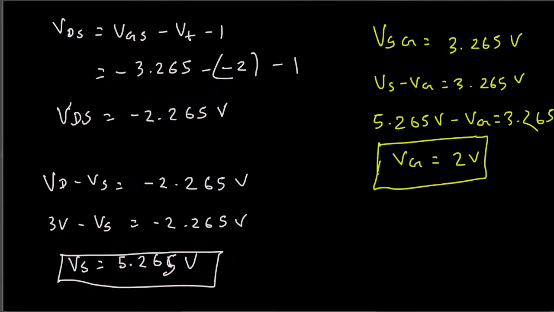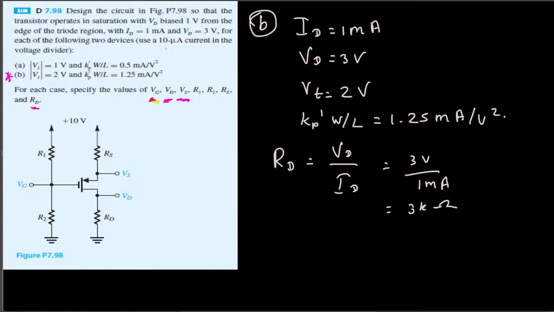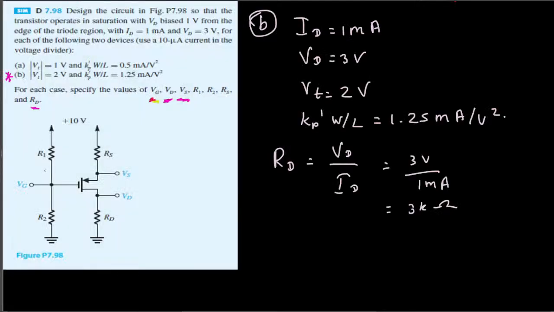To find the R1 and R2, we can do one thing. We can use the voltage divider, and they have also mentioned that 10 microamperes of current passes through the voltage divider. So it means that if you use KVL here, that is minus 10 plus the voltage across this resistor and this resistor should be equal to 0, and the current passing through this is 10 microamperes.